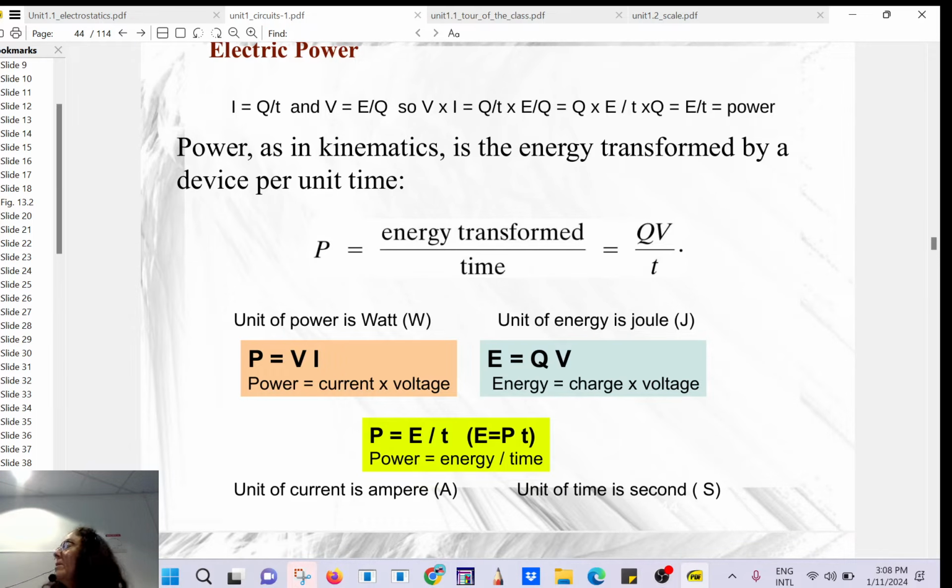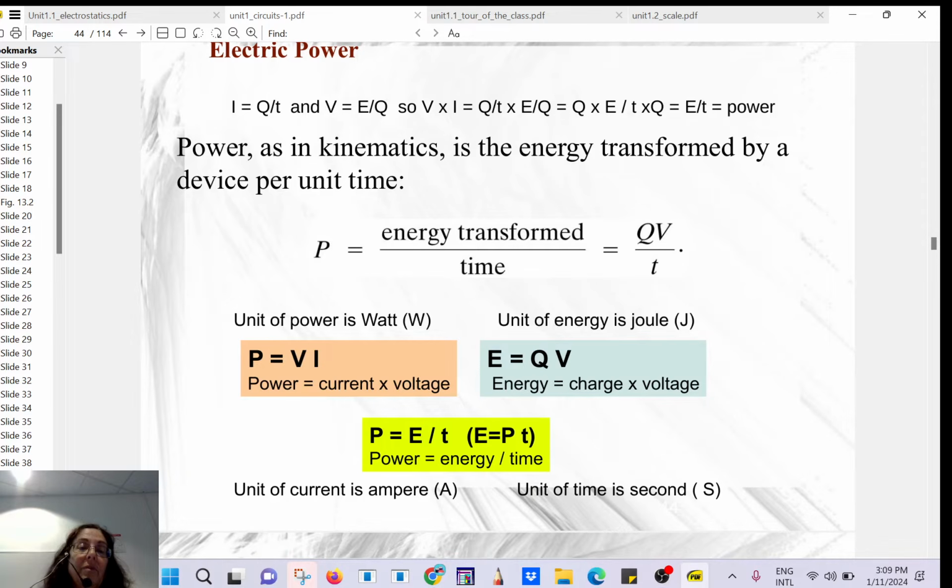By the way, in a house or an apartment, the maximum current will be 20 amps. If you try to drain more than 20 amps, you have the fuses, because you don't want to start a fire. But usually 10 amps, 20 amps is the maximum.